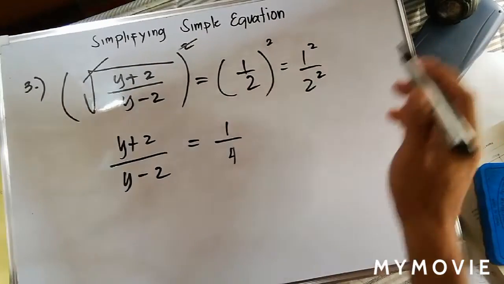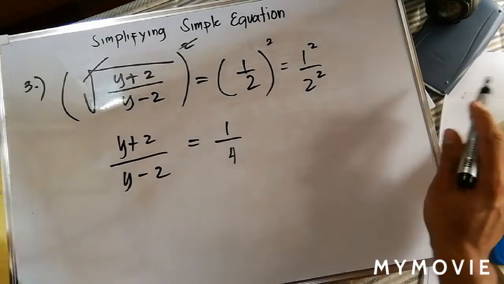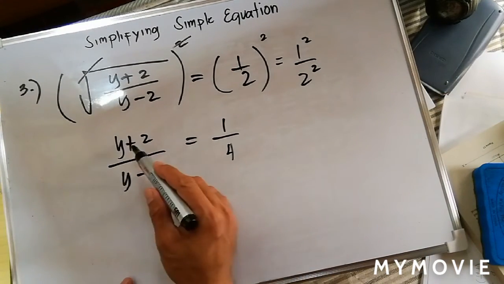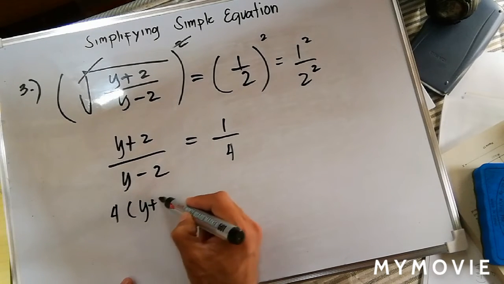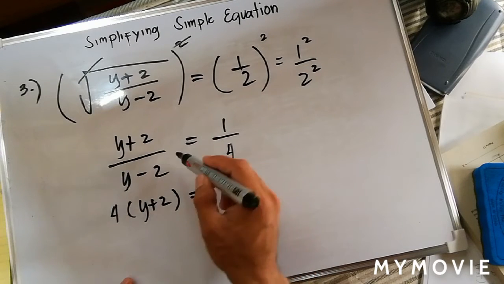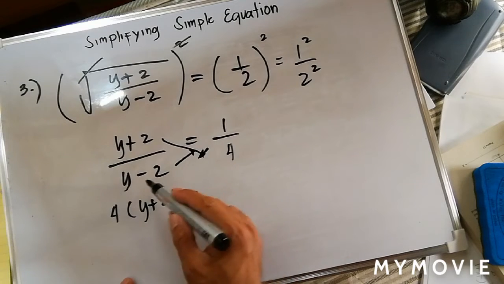In this case, we can now apply cross multiplication. By cross multiplication, 4 times y plus 2, and then 1 times y minus 2.